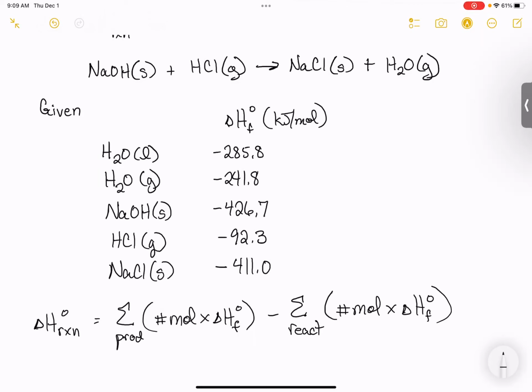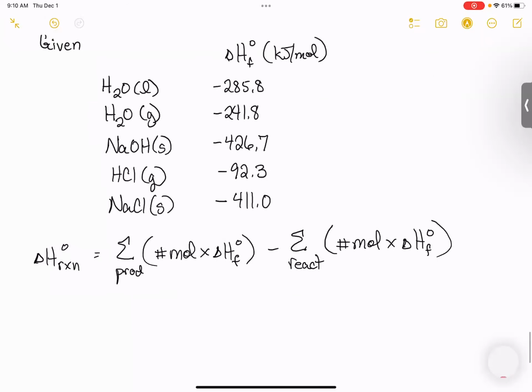Now, it's products minus reactants. So we're going to start with NaCl solid. So our delta H of reaction is going to equal 1 mole of NaCl times negative 411.0.